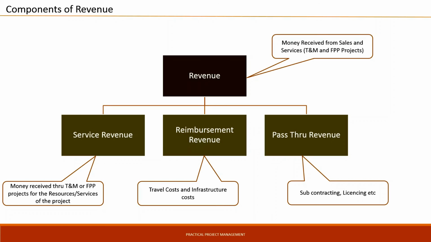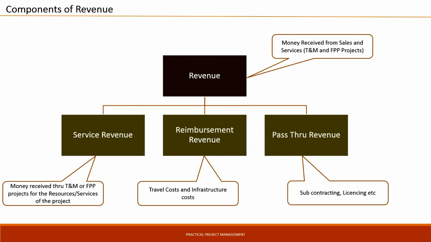So all the money coming directly for the project you have delivered in the case of FPP, or for the number of resources or hours you have provided to the client for executing their own projects, constitutes your service revenue.